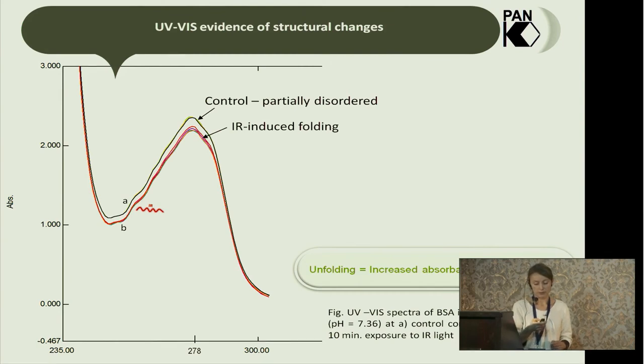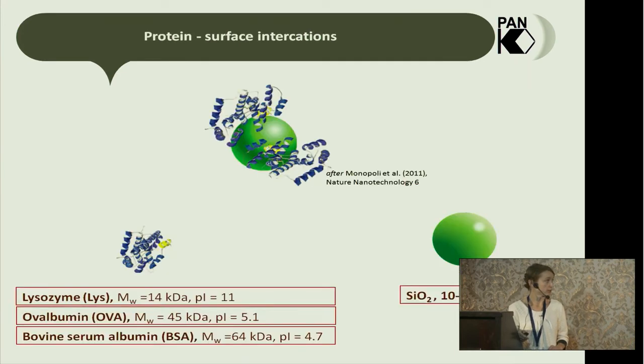So we also wanted to look at some protein interactions that can be affected by infrared light. And we were investigating protein surface interactions. So we have been adsorbing our proteins on the surface of nanoparticles. We selected silicon nanoparticles and the proteins lysozyme, ovalbumin and bovine serum albumin in different media: water, salt, and a buffer.